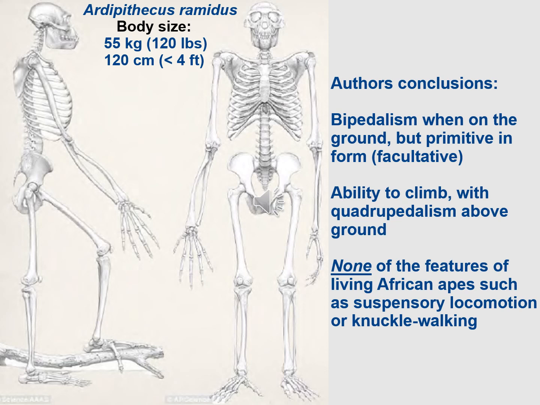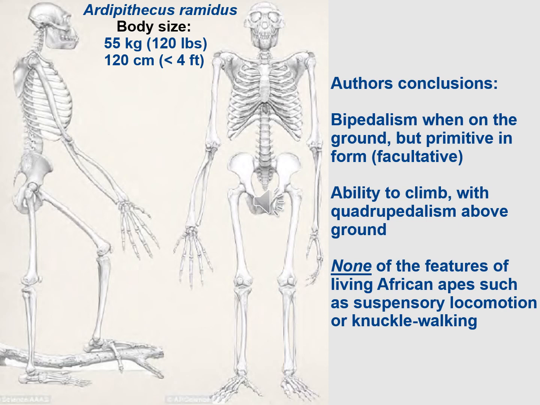On the ground, there's no indication that this creature is knuckle walking, so they had to be using maybe an upright posture and two limbs for contact on the ground. But they still had the ability to climb because they had the curved hands, and then you don't have any of the features that indicate suspensory locomotion or knuckle walking. So therein lies parts of the issue.